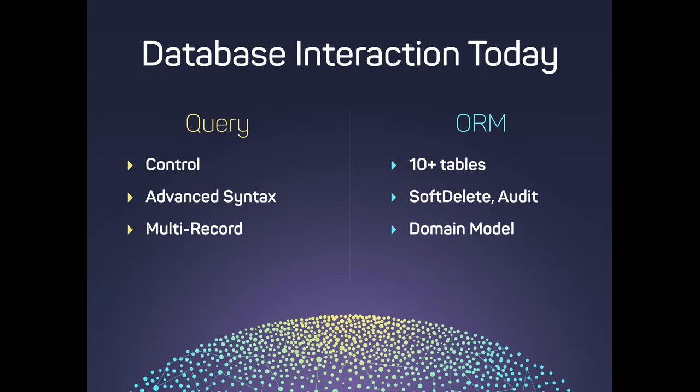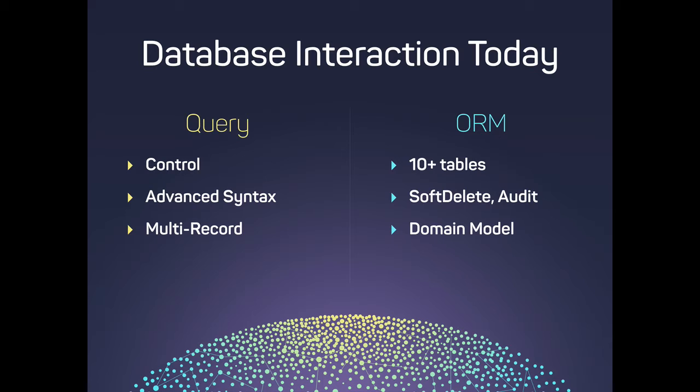On the other hand, we have people who prefer object relational mappers, and the reason they do it is that sometimes you just have a database which is too big to reliably and efficiently cover with individual queries.